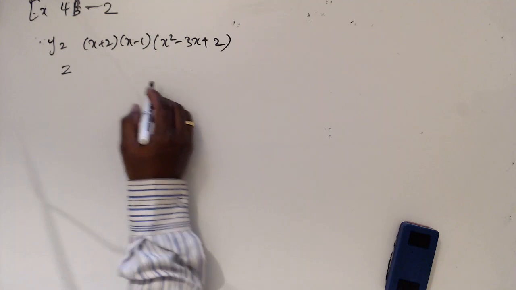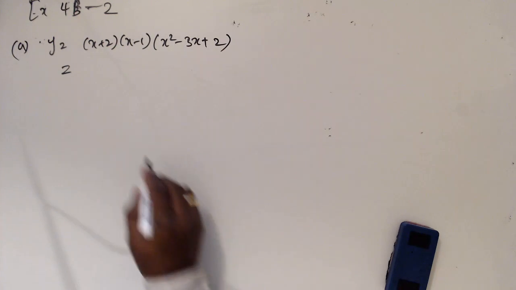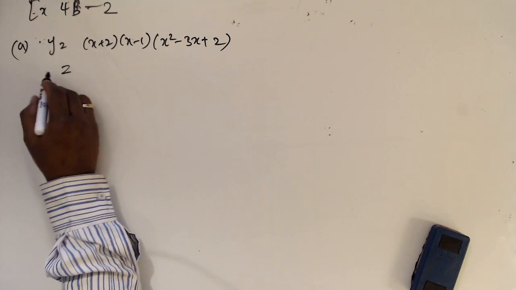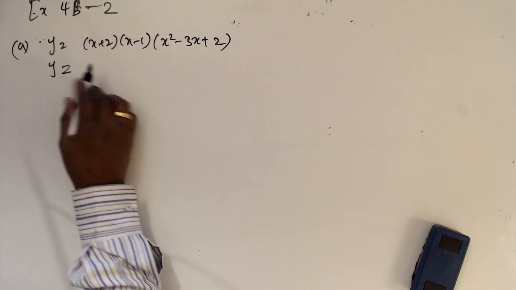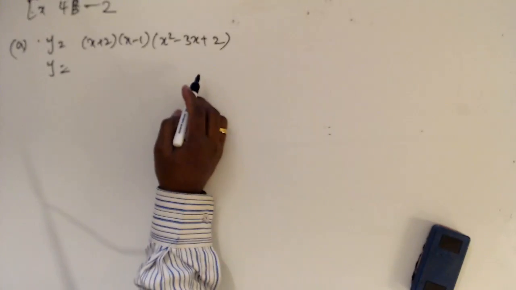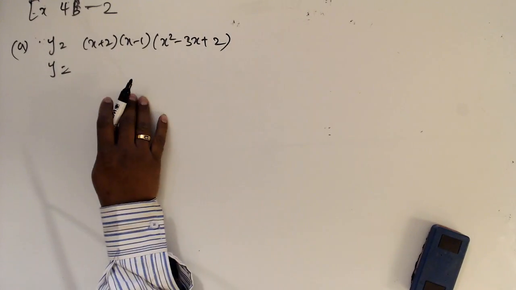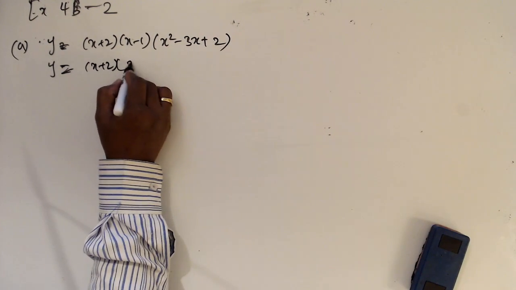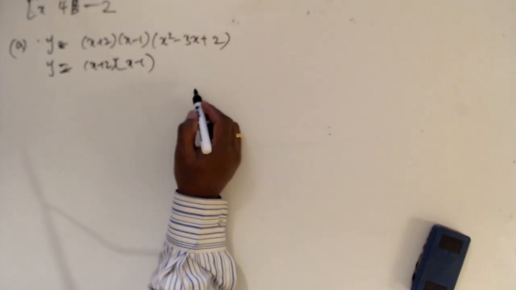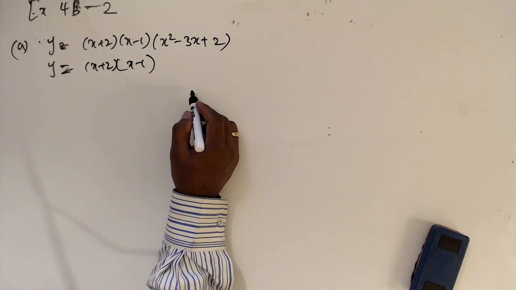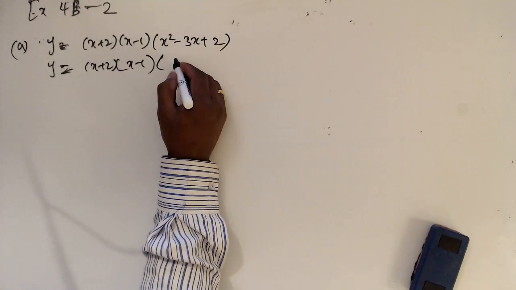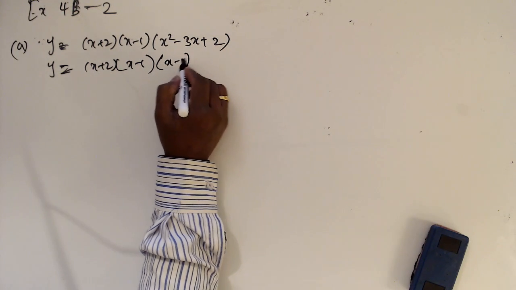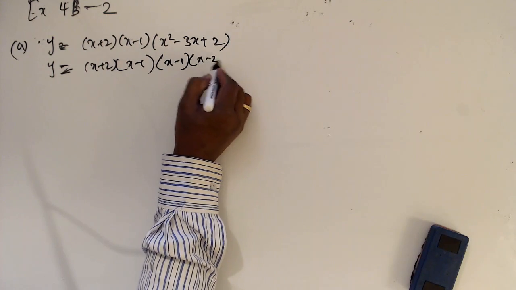Now this is question number 2, part A. This is the question, and it is a polynomial where we want to see whether we can factorise it. You can see that you can break this one into x minus 1 and x minus 2.